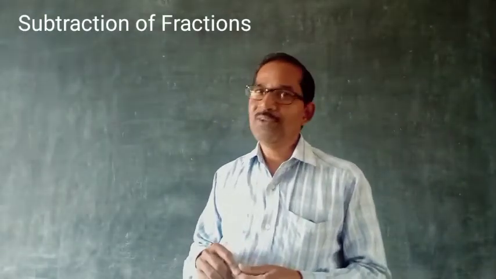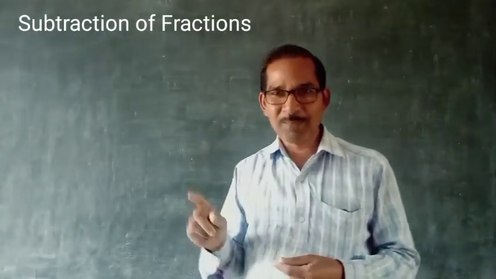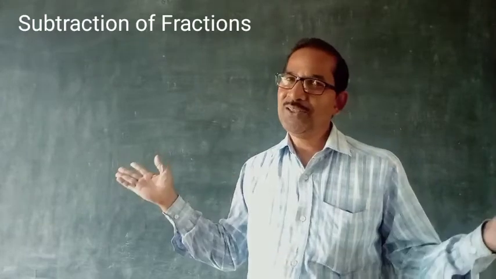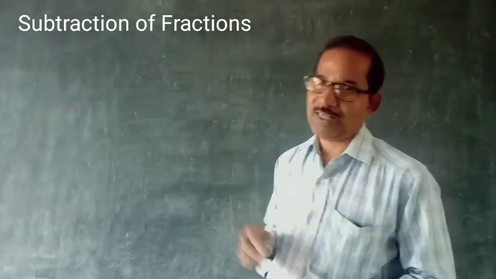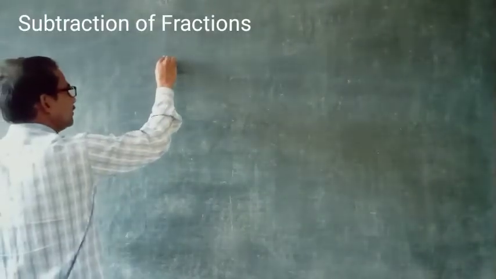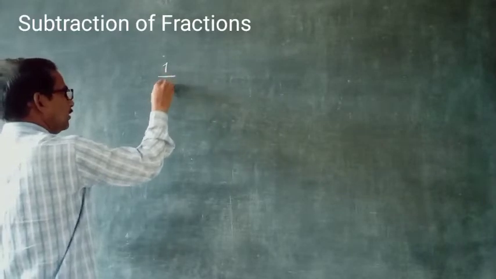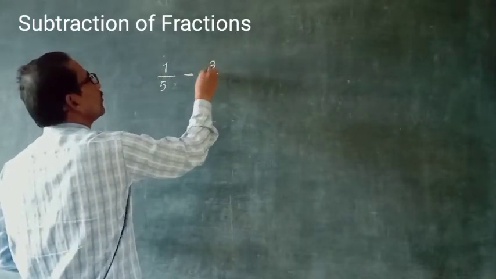But if the denominators are different, then you have to make the LCM of the denominators and do as you did in the addition. Okay, for example, now see, if you are asked to subtract 1 upon 5 from 3 upon 5.